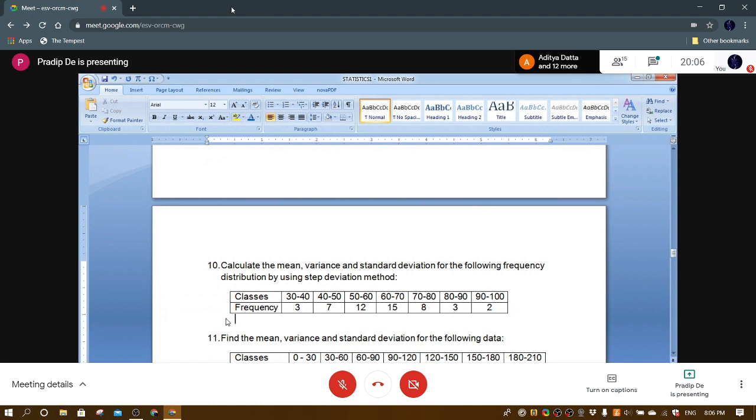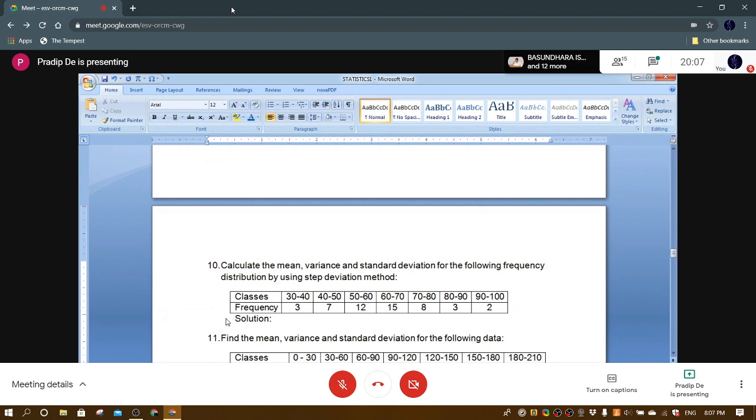Which columns do we make? Let us solve now. Class interval, then frequency, mid value, xi. We use a new variable u.